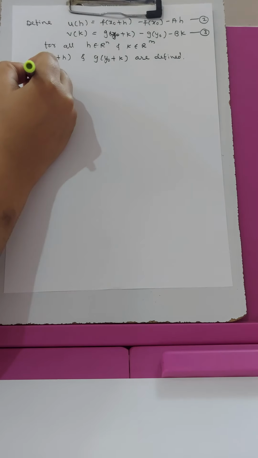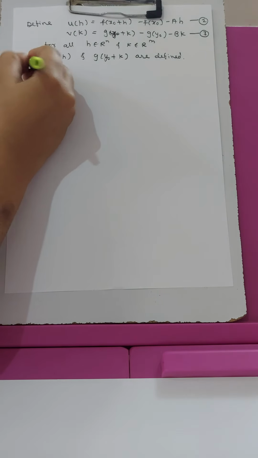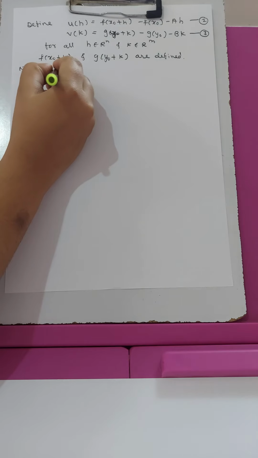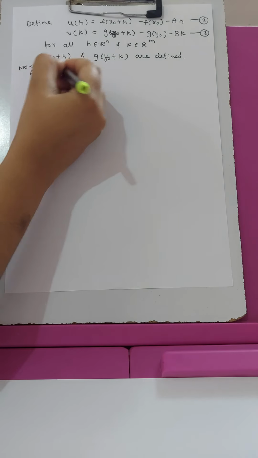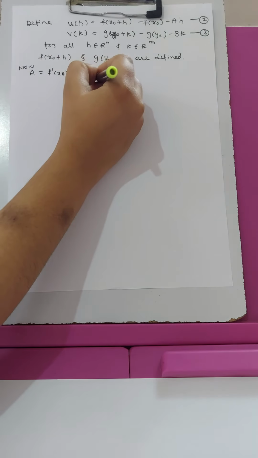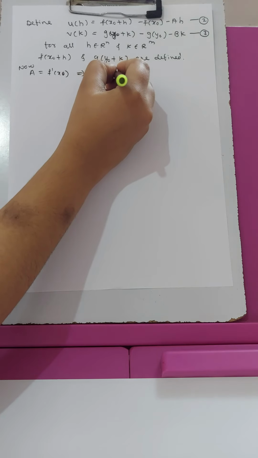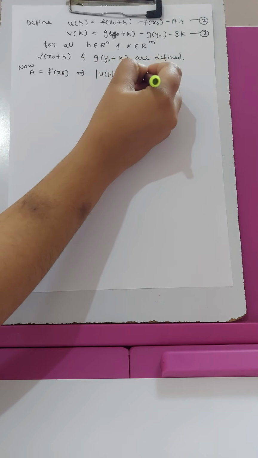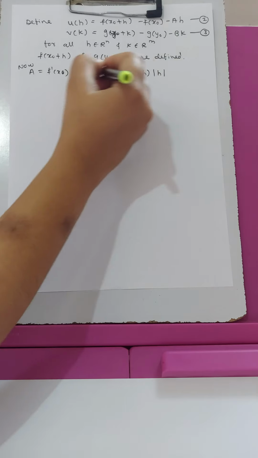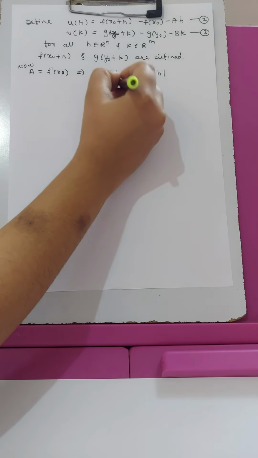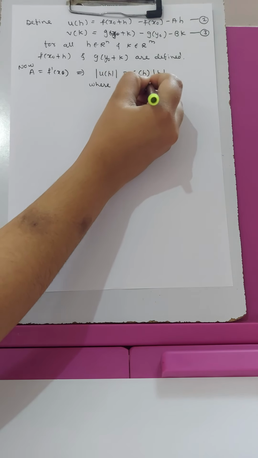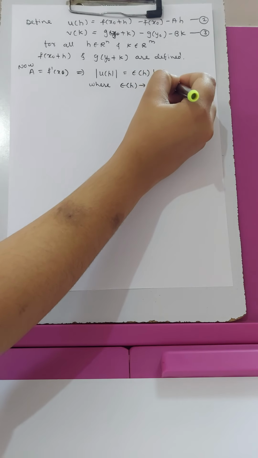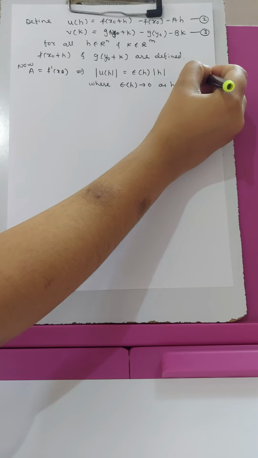Now from 1 we have A equals f dash of x0. This implies that the norm of u of h is equal to epsilon of h times the norm of h, where epsilon of h tends to 0 as h tends to 0. Let this be number 4.